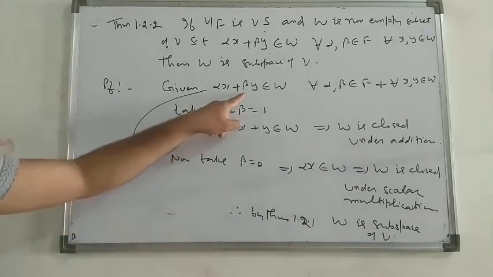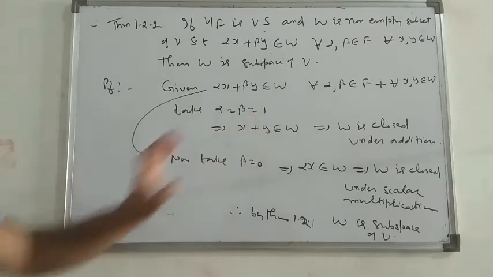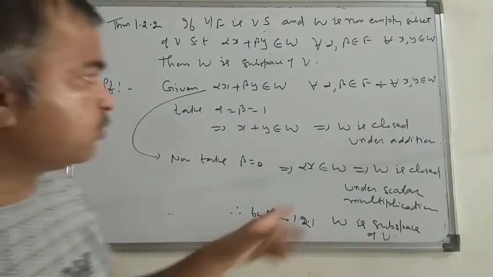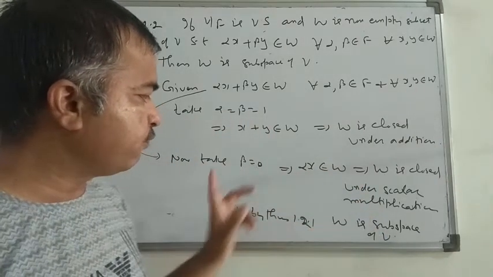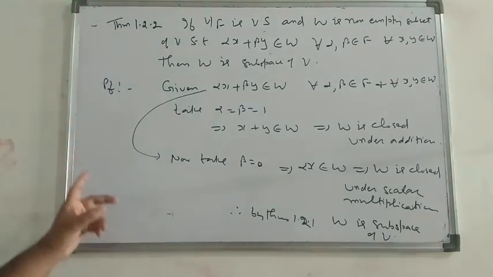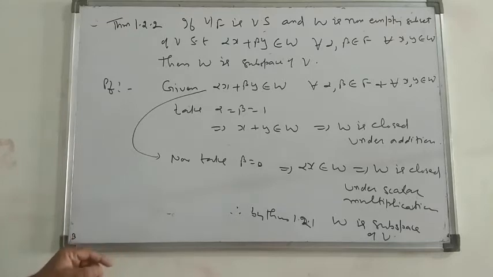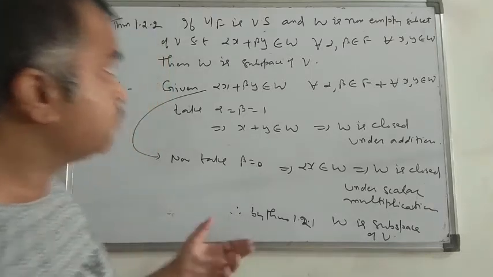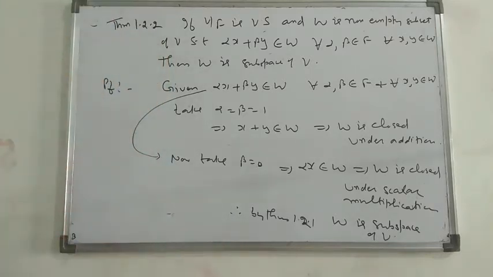Next we take beta equal to 0, so we get alpha times x belongs to W. It means W is closed under scalar multiplication. So by theorem 1.2.1, if W is closed under addition and scalar multiplication, then it is a subspace of V. So therefore W is a subspace of V.